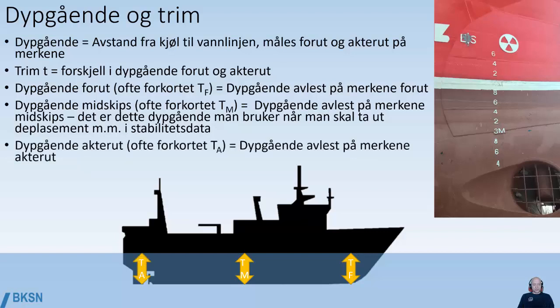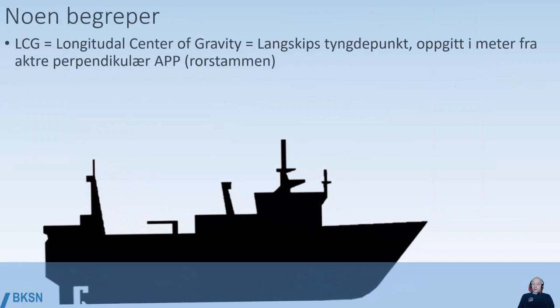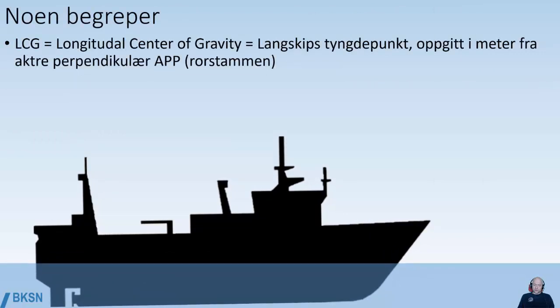And draft aft, abbreviated TA, is the draft read on the draft marks aft. Trim, T, equals draft forward minus draft aft, and you say it's forward trim if the draft is bigger forward and aft trim if it's bigger aft.